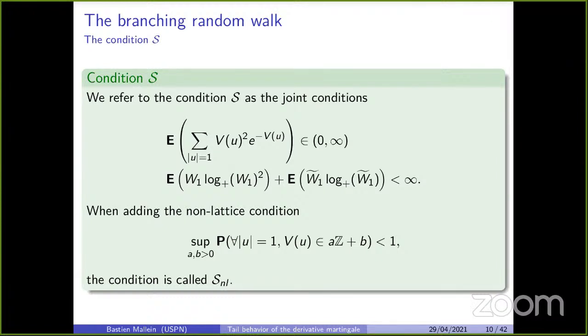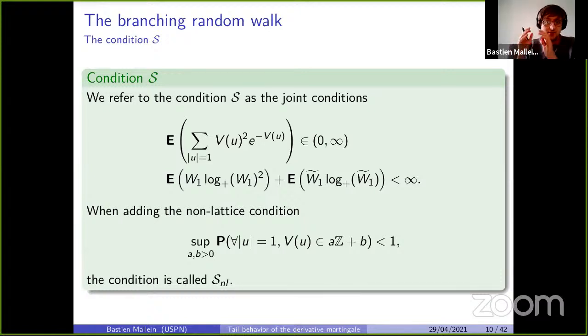So for each number between 0 and 1, you get a C, which is associated to this number. So if I am at Z plus 0.3, then I grow like C of 0.3 times X. And so it is this periodic function that is bringing some complications in our settings, but we don't always need the non-lattice condition.